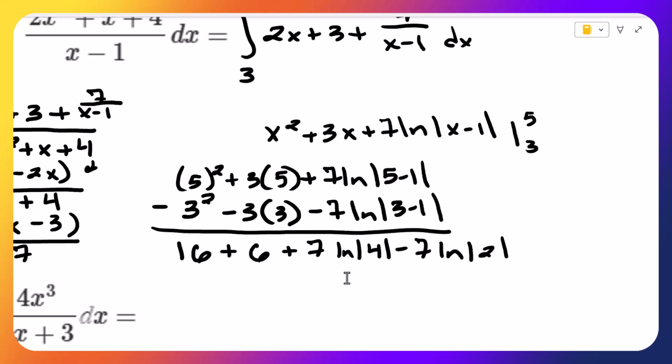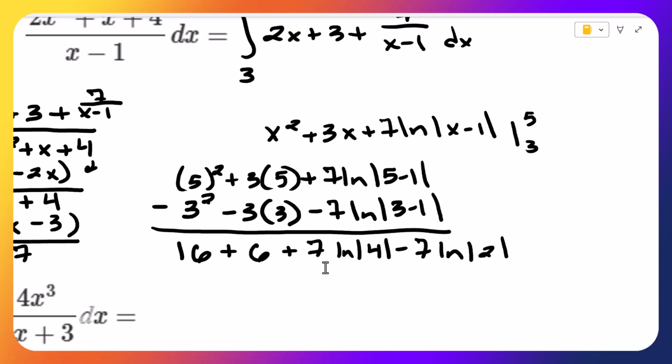And then I'm going to come over to the side. I'm just going to simplify it a little bit. 16 plus 6 is 22. And I have the advantage, this is a multiple choice question. I'm looking at the answer choices. So I'm just going to do something we could do to simplify it further.